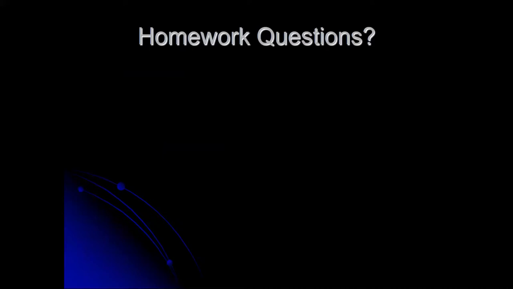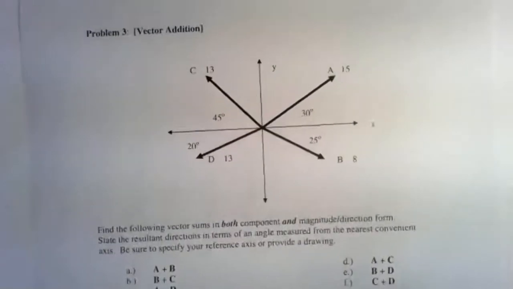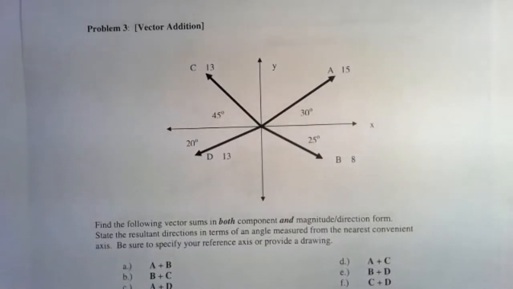For the last question, problem 3, can you give us an example of what work you want to see, or just our answers? Well, let's take a look. I just so happen to have a copy here. Problem 3 was a vector addition problem.